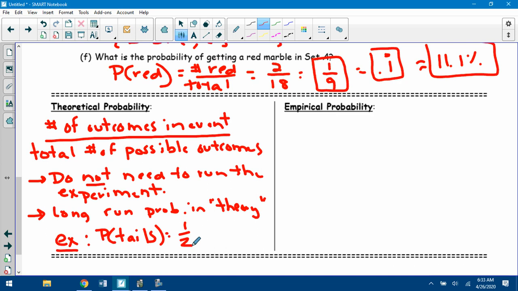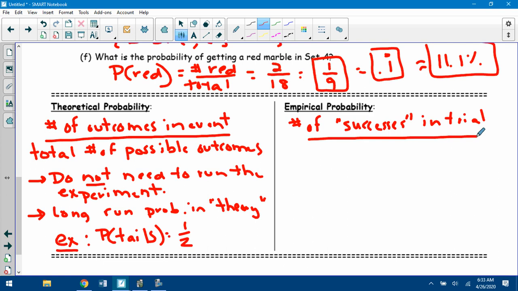Empirical probability, when you see empirical, that means you're actually doing an experiment. It's the number of, we'll call them successes in the trial over total number of trials.